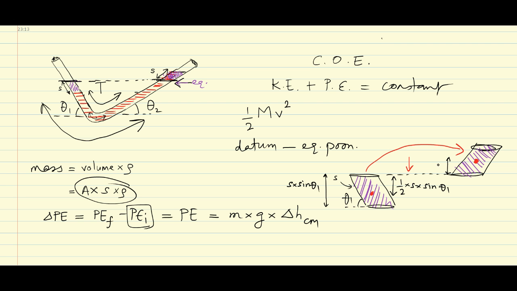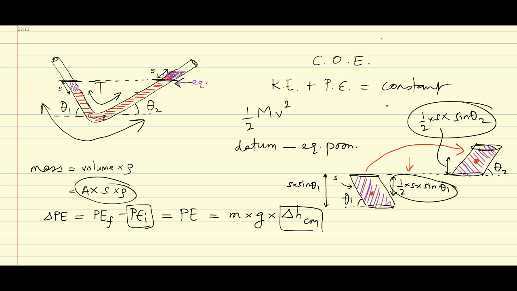If we do it in the same way, this distance is going to be half into S. Remember, the slant height of both of these inclined cylinders is the same, S, and multiplied by, this time the angle is different, this is theta 2, so it's going to be sine theta 2. In other words, delta HCM is the sum of half S sine theta 1 and half S sine theta 2.